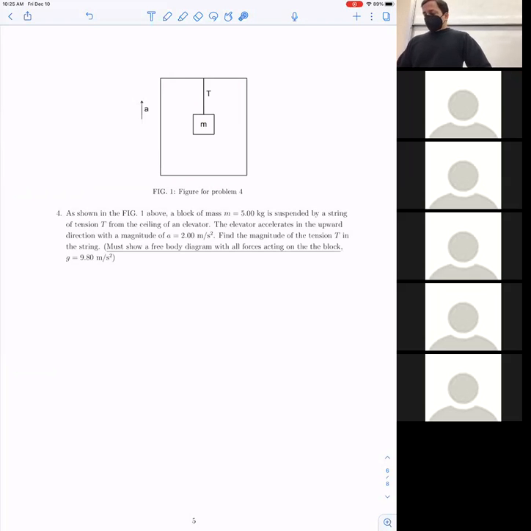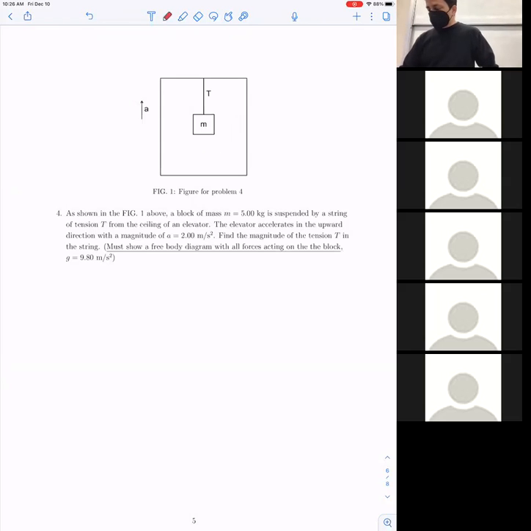Another tendency that some students had is to draw the forces on this picture itself. Some of you would go here and put an mg here and then a T there. Don't do that. You want to draw a free body diagram separate from the cartoon. Make a separate picture, because otherwise it's confusing, since you don't know that part of it is a cartoon and part of it is a free body diagram.